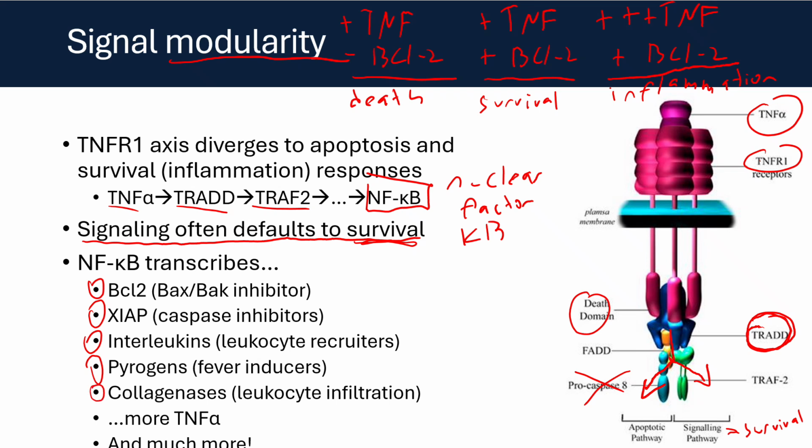Nuclear factor kappa B will also make a bunch of collagenases. Collagenases are going to weaken the cell-cell contacts surrounding the affected cells, which is going to allow leukocytes to infiltrate the problematic area more easily by generating some wiggle room.